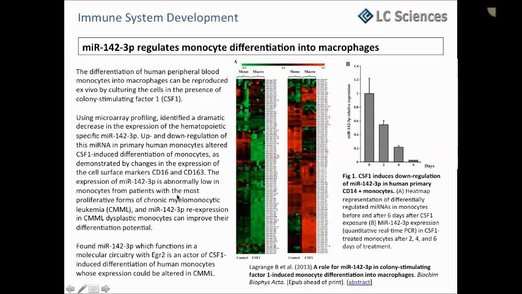This abnormally low expression of 142 is something that you see in monocytes from patients with the most proliferative form of chronic leukemia, or CMML. So that's the background of this experiment.